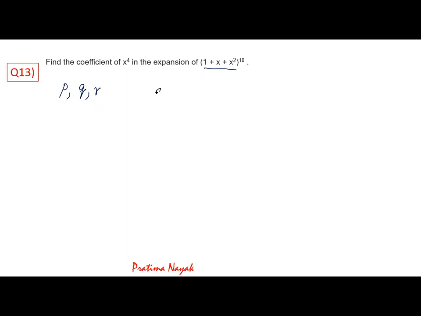So the general term is written as, I'm writing, the general term will be 10 factorial by P factorial, Q factorial and R factorial, and x is here.